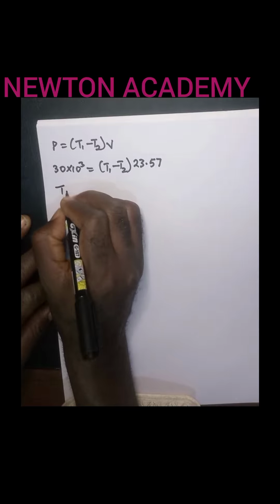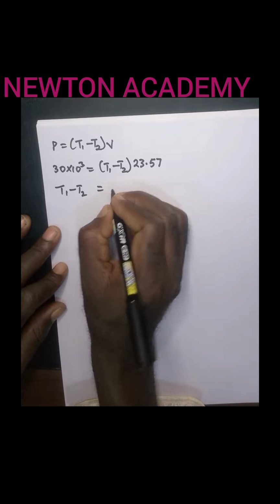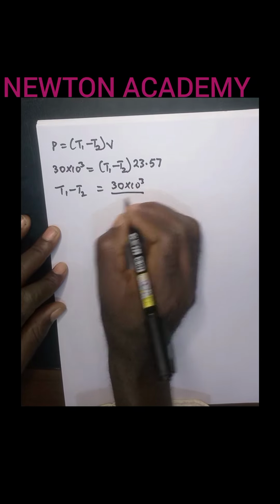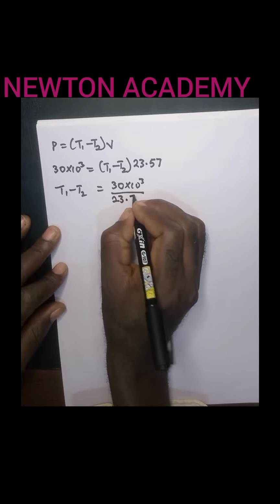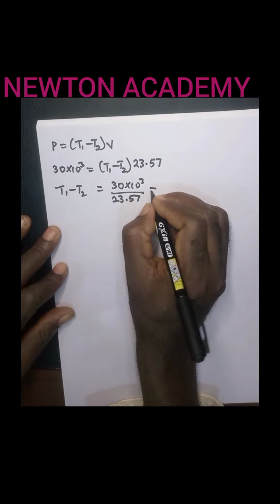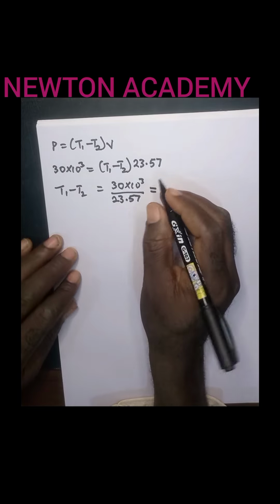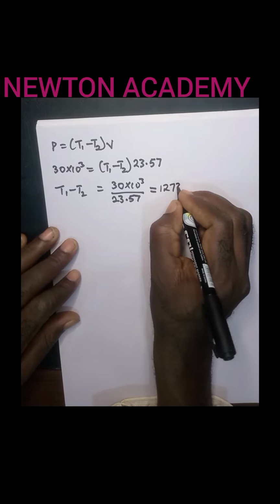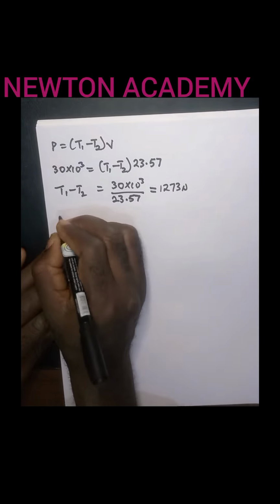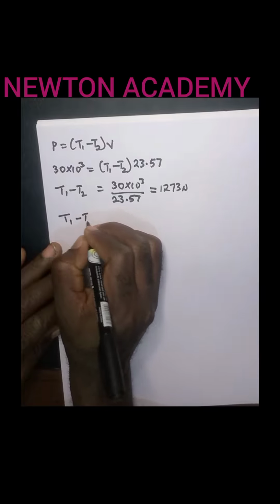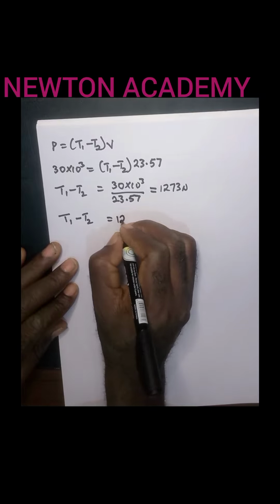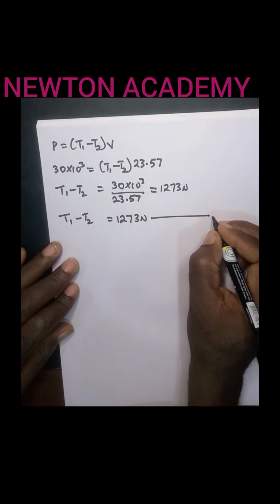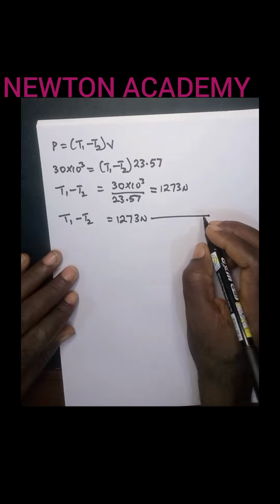Then we have T1 minus T2 is equal to 30 times 10 raised to power 3 divided by 23.57, and this will give 1273 Newton. That is, T1 minus T2 is equal to 1273 Newton. We call this our equation 1.